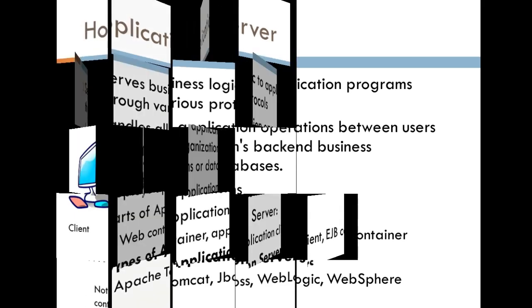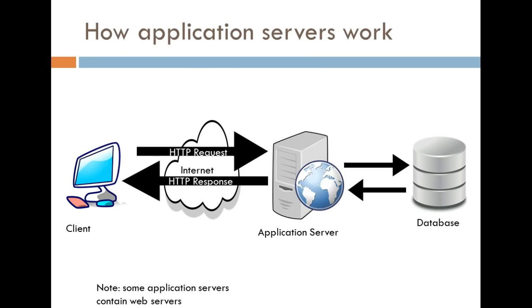Now, here's a picture that tries to explain how application servers work. Imagine you're on your computer, you go to your browser, you type in the URL, and you make a request. That request is sent to this application server. The application server interacts with a servlet of some sort, and from that servlet, there may be some more code on the back end that the servlet interacts with in order to process a certain piece of information.